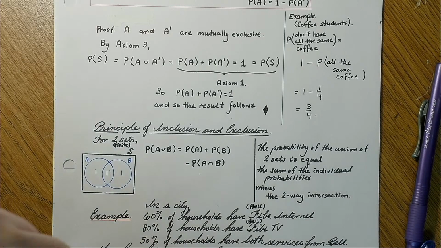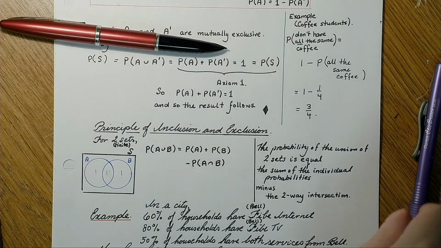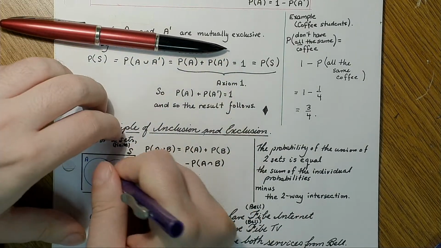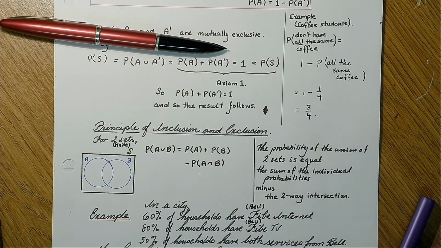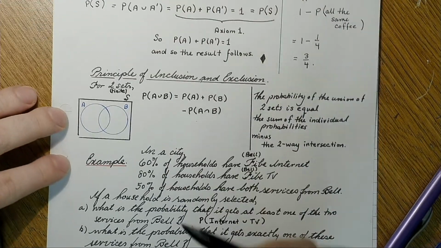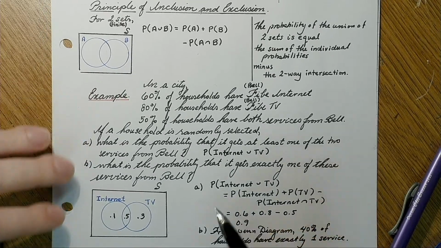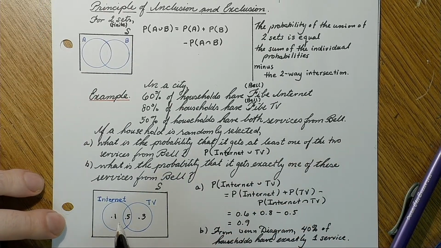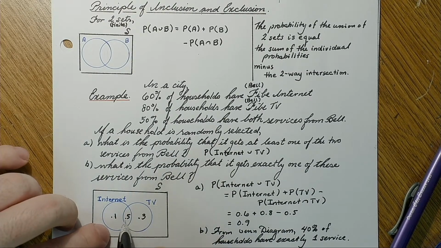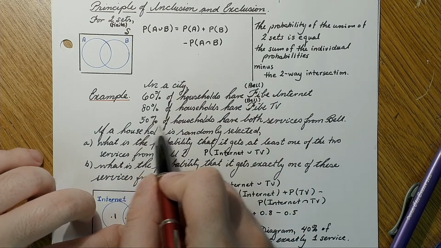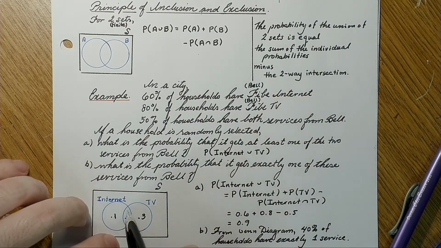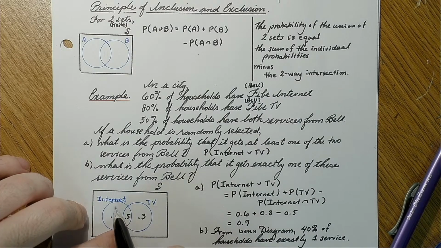So we had explained here that one way of thinking about this is, where did the 0.1 and the 0.3 come from? Okay, so 50% of households have both services, so it goes in the intersection between the internet and TV.